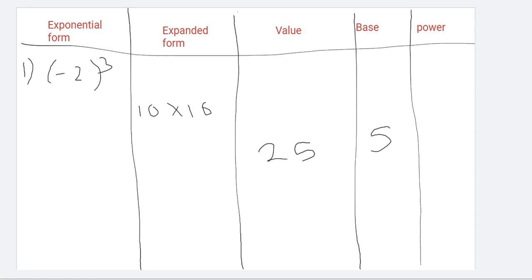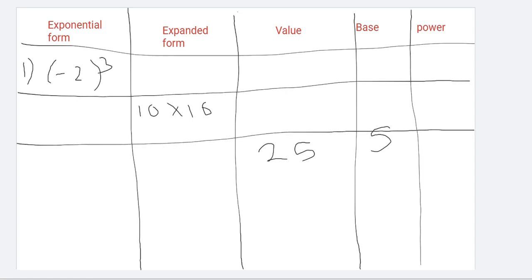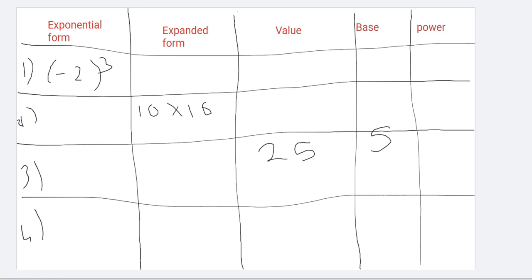Okay, so this is one thing, this is another question, this is another question. So this is 2, this is 3, and this is 4. Now 5 and 25 is for the third question.